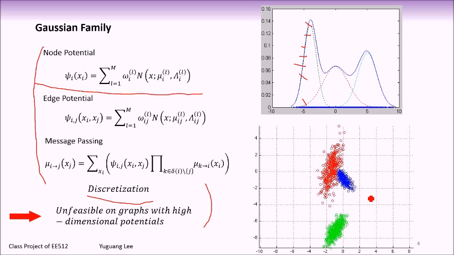They assume the node potentials and the edge potentials are Gaussian mixtures, which are weighted summations of Gaussian functions, and they plug these two into the message passing process and calculate the messages.